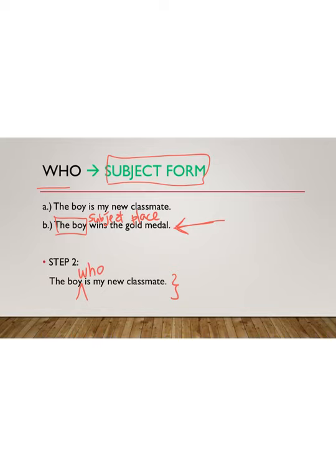Okay, and then you write the whole sentence here. Who wins the gold medal? So for this part, who wins the gold medal is the additional information about the boy.